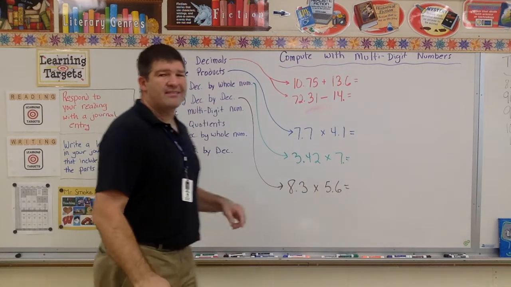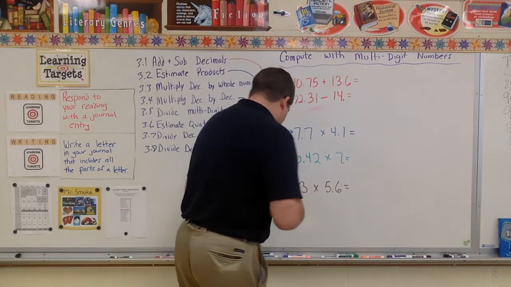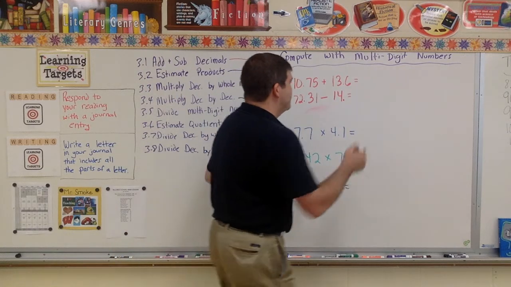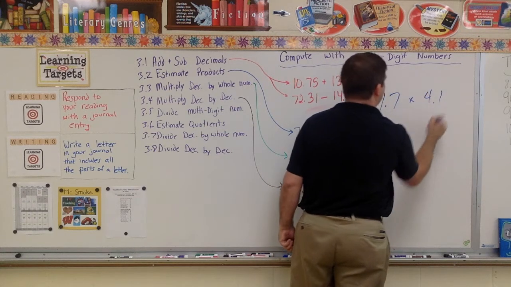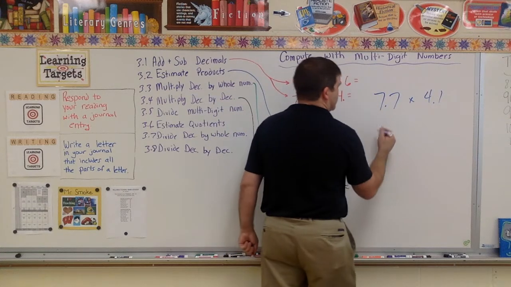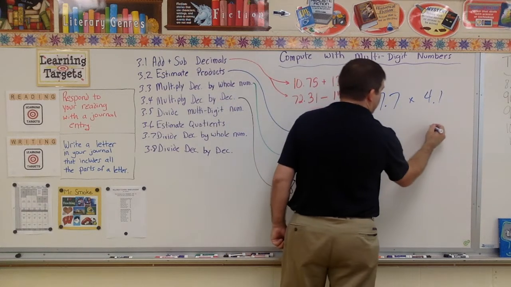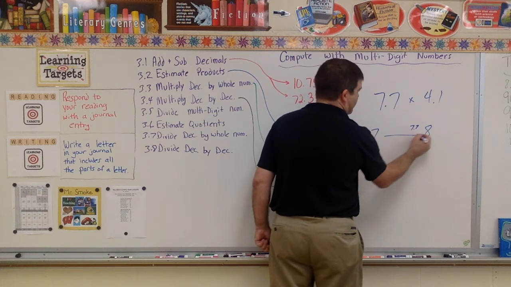Okay? All right, let's go to 3.2, which is estimating products. Estimating, it's about the answer. It's not the exact. So if we have something like 7.7 times 4.1, I want to get the number pretty close to 7.7. It's either going to be 7 or 8. 7.7 is pretty close to 8.